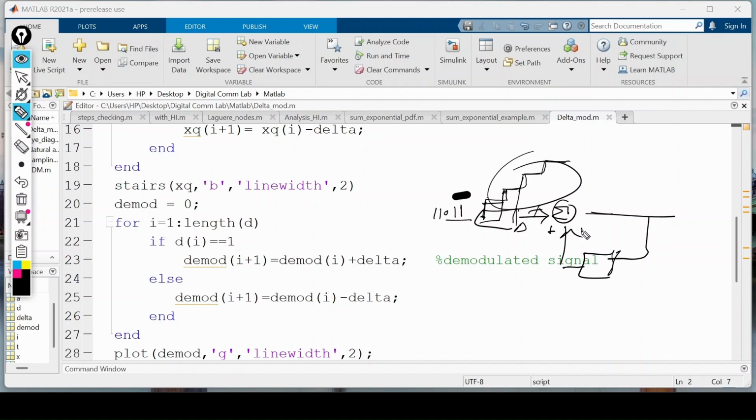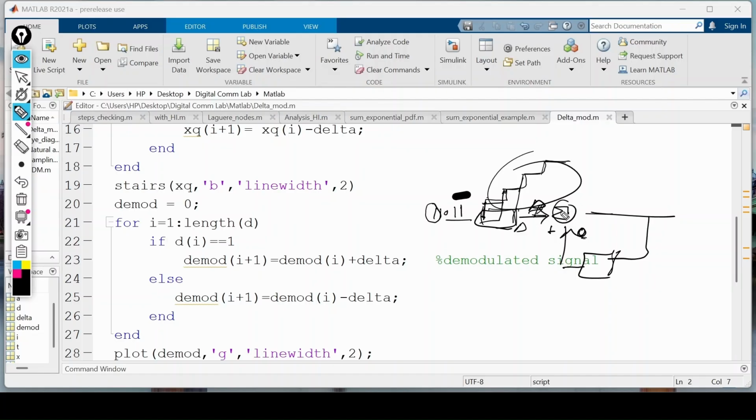Demodulation means the signal represented here is 0 first. And if d(i) equals 1, what signal is it? If it is 1, what will the decoder pass? It is plus delta, right? So demod(i+1) equals demod(i), which is already 0, plus delta, because it is 1, so it will generate plus delta.